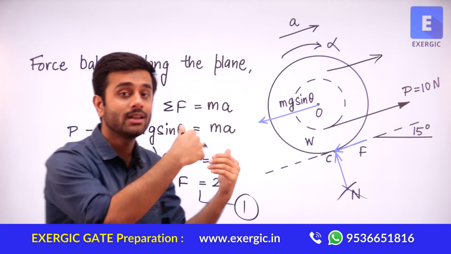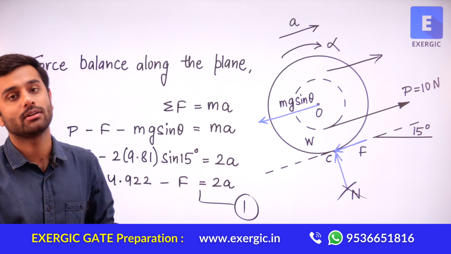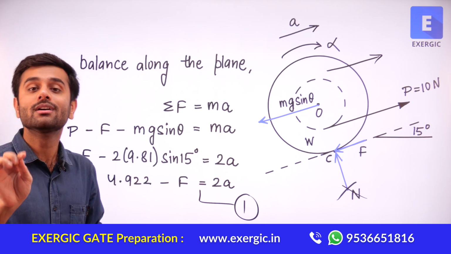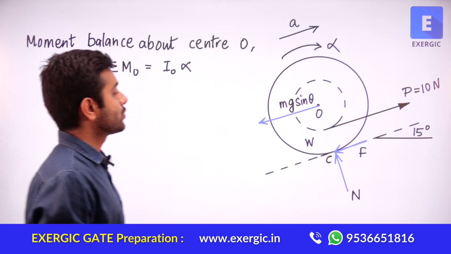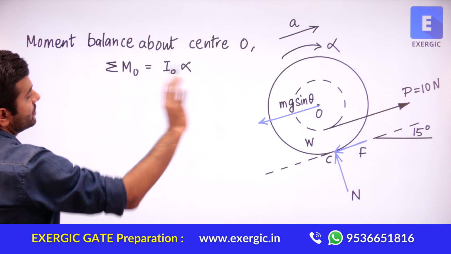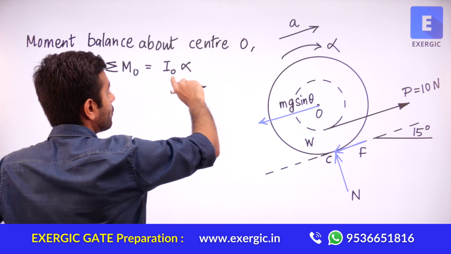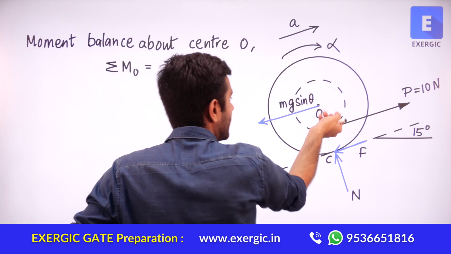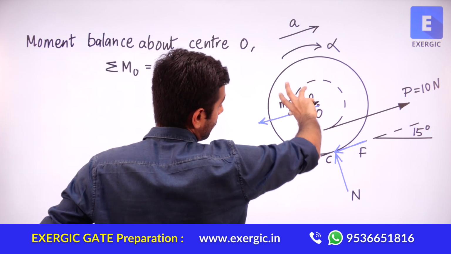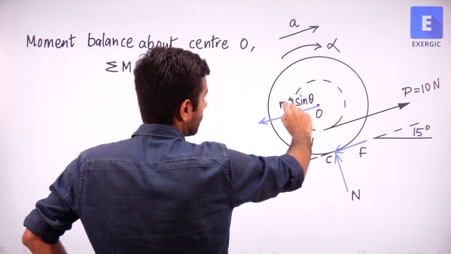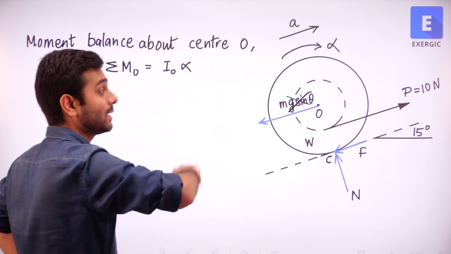Similarly, now move to the next step of the rolling analysis, where we do the rotational analysis about the point O. Applying the moment balance about center O, net moment about O is equal to I naught alpha. Again, clockwise we are taking as positive about O. What are the moments that contribute to the clockwise rotation? Obviously not this one, because it passes through the center.